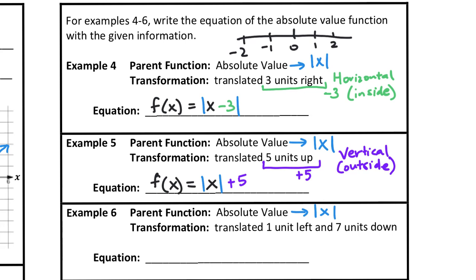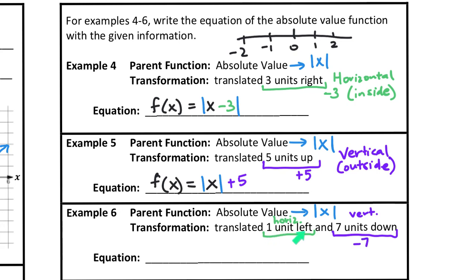Right, and then the last one here, we're going to do horizontal and then vertical. So we have vertical, we have horizontal, and then we have the units. So remember, vertical is straightforward. If it says 7 units down, then down means negative, up means positive. So it's going to be -7 because it's down.